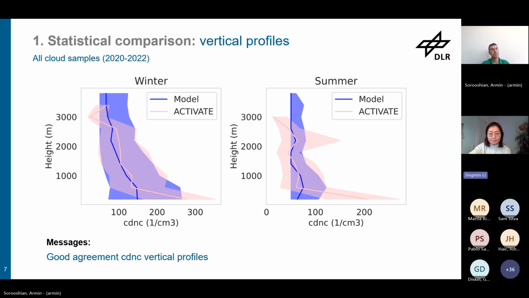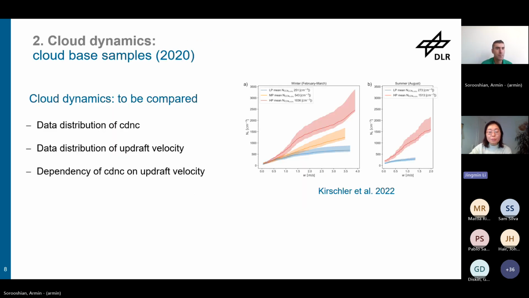And next slide, please. Okay, next we move away from the climatological or multi-annual mean comparison. Now we move up to the process level. To recall what has been identified in Kirschler et al. 2022, the plot on the right: you see here a dependency of CDNC on the y-axis on the updraft velocity on the x-axis. We also see the difference in this dependency between winter and summer.